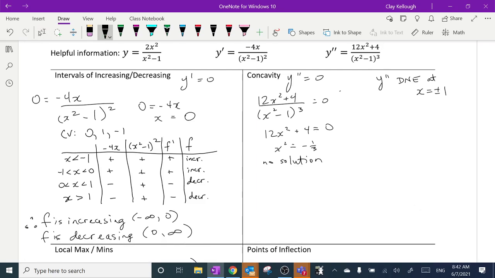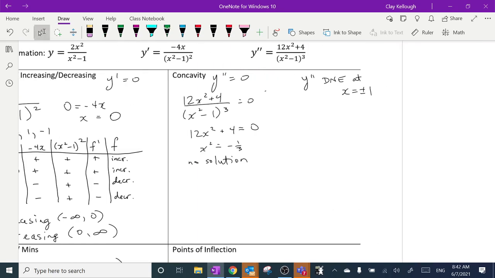But the places where it doesn't exist might be. So I'm going to have to explore those. So once again, I'm going to make myself a little chart. Okay, but I don't have to worry about the 0 point. So forget 0. It's just what happens when I'm below -1, what happens when I'm between -1 and 1, and what happens when I'm bigger than 1.